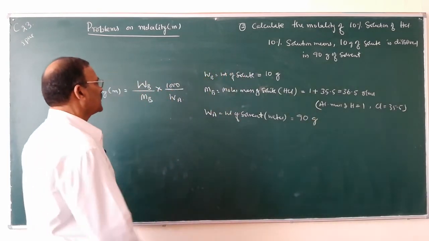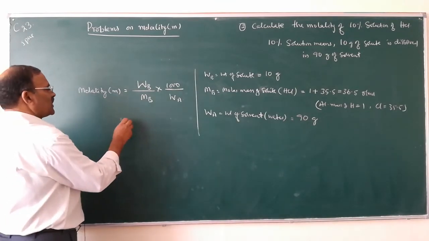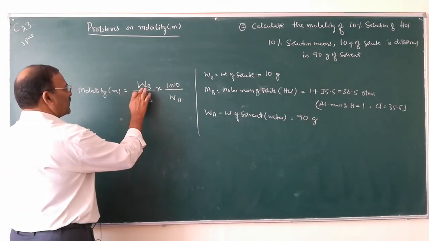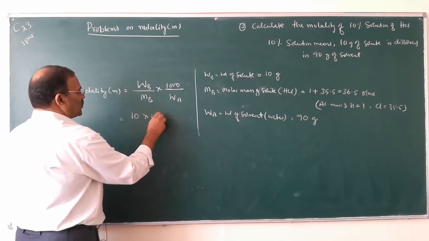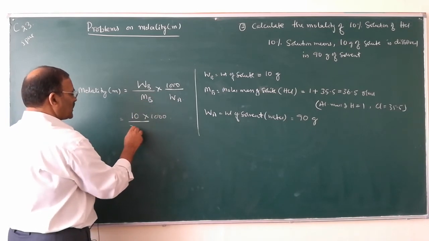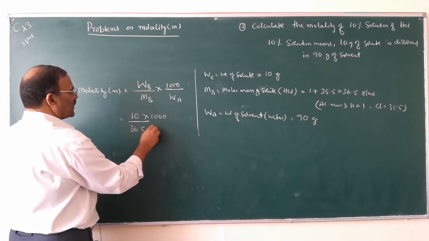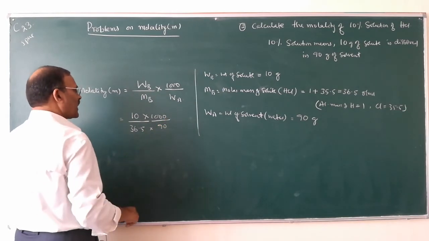So, substituting in this equation, the weight of the solute is 10, into 1000, divided by molar mass of solute, which is 36.5, into the weight of the solvent, which is 90 gram.